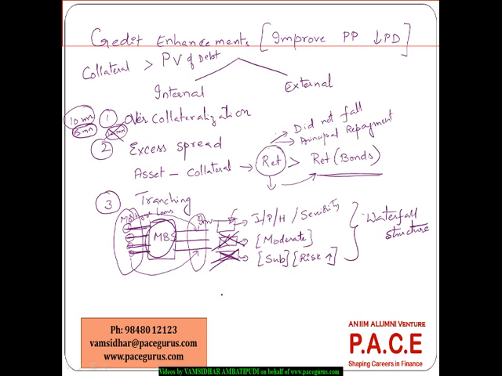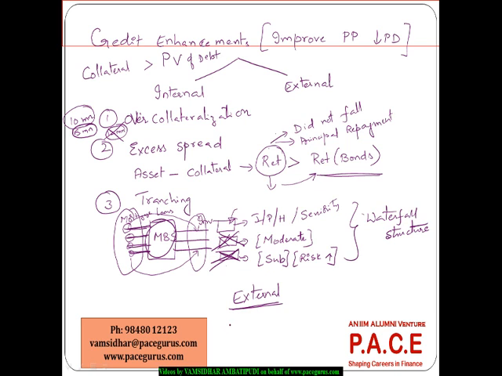Along with that, there could be a few external credit enhancements as well. They are not packaged as a part of the bond issue, but the issuer is doing some other kinds of tie-ups so that the bond investor is compensated in case of a default.